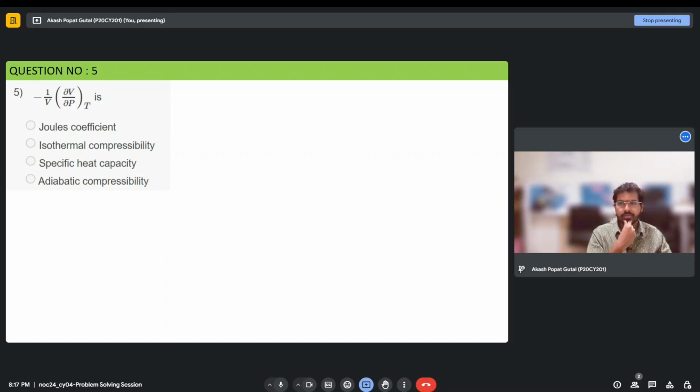So in this problem, the quantity is minus 1 by V del V by del P at constant temperature. As the temperature is constant, it should be isothermal. And del V by del P is nothing but the change in volume related to compression or compressibility. So it should be the isothermal compressibility. Option number B.